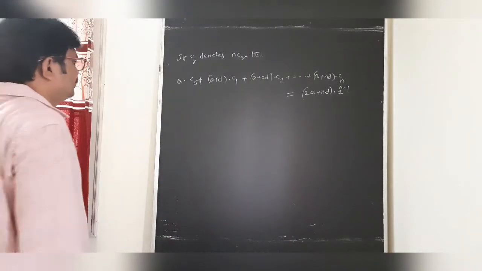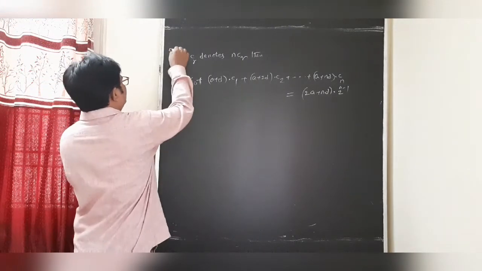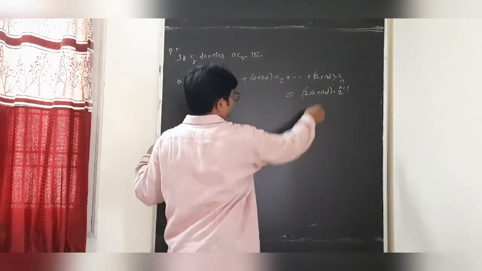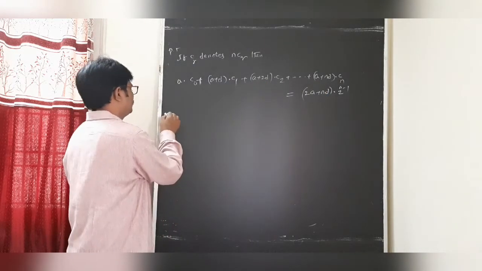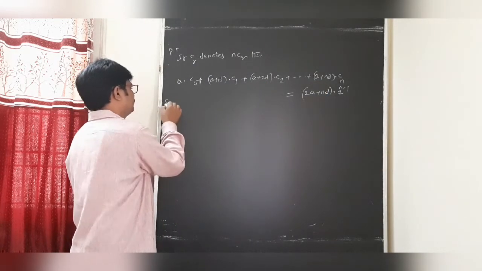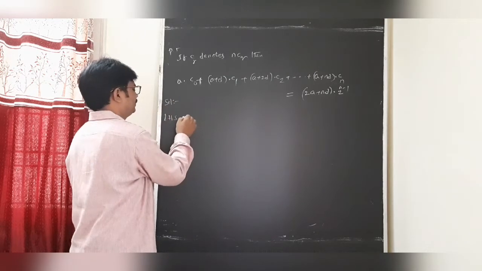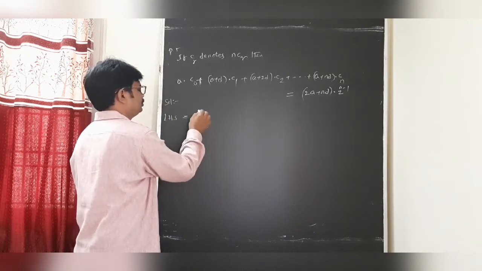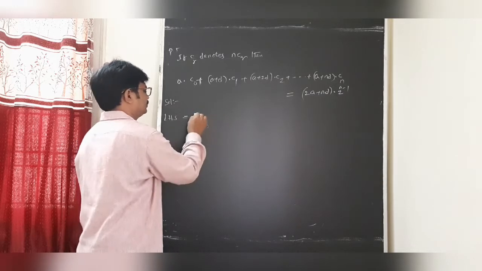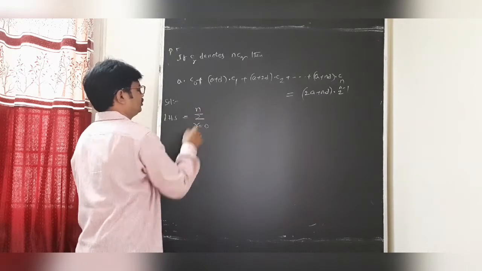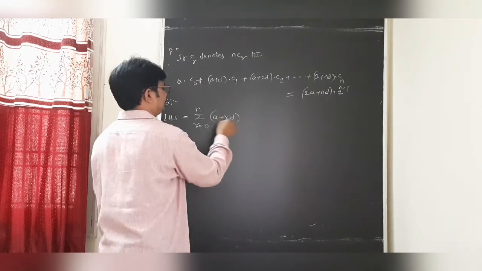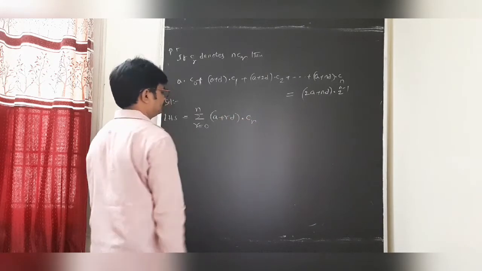My dear students, this is also very important. A plus D, A plus 2D, up to A plus nD is Cn. So this is the left hand side. We take sigma r equal to 0 to n, A plus rD into Cr.